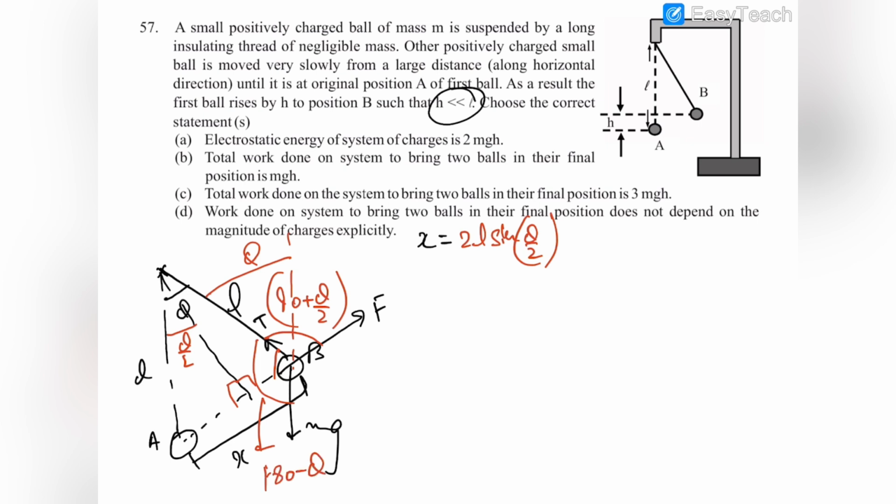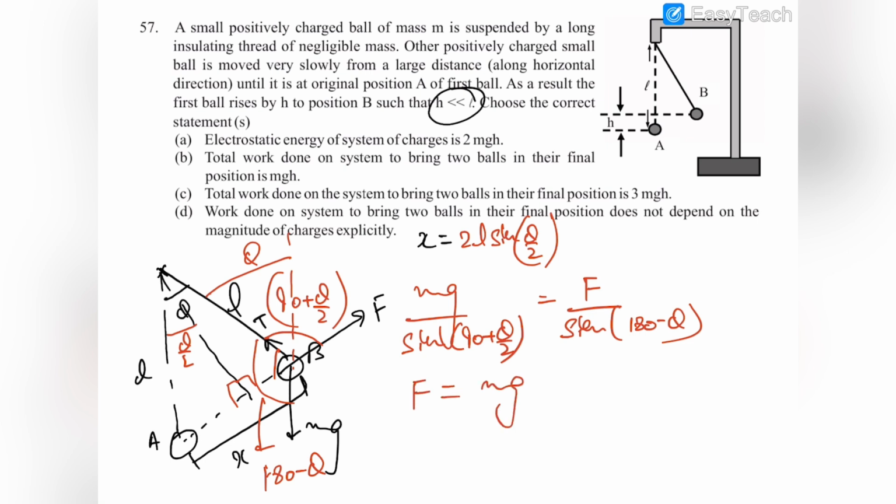So you can use the sine law, and you can say that mg upon sine 90 plus theta by 2 is equal to f upon sine 180 minus theta. So you can say that f is mg sine theta upon cos theta by 2. So therefore this is 2 mg sine theta by 2.